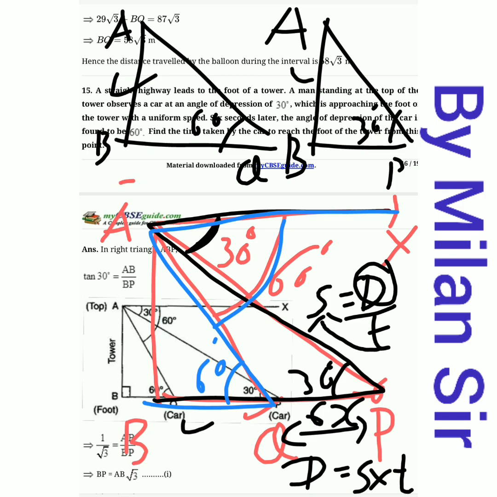So here again we can write the distance formula, that means speed multiplied by time. Speed we take as x because we assume our speed is x. We also assume that the time taken by the car from point Q to B is t. So this distance BQ is equal to xt.